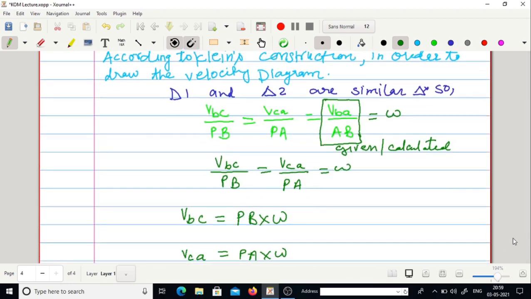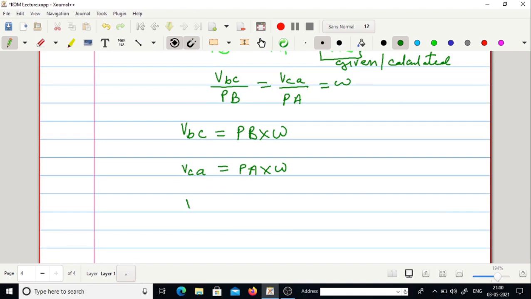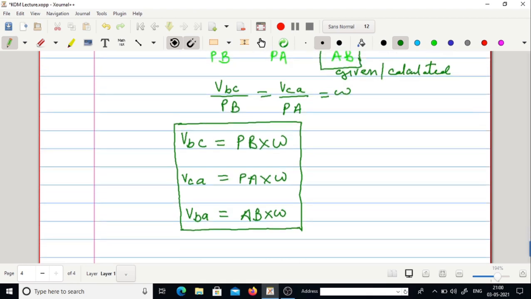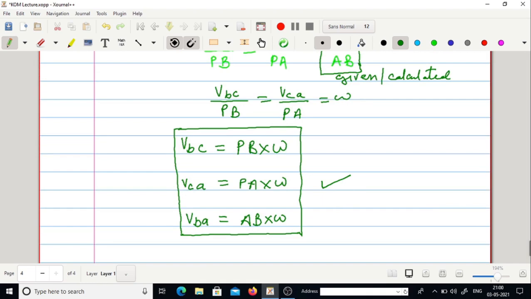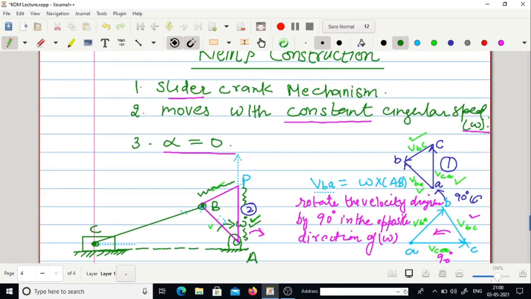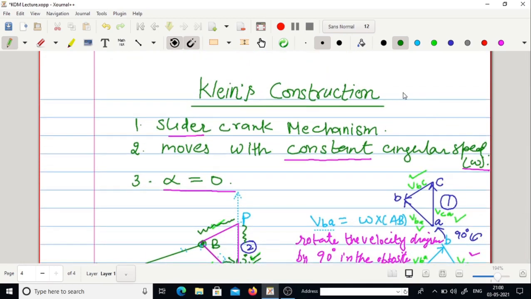This will give us the velocity of point C, and the velocity of point B with respect to A we already know, it is given as AB into omega. So by this method we can easily calculate the values of different points by using Klein's construction and mathematical relations. So this is how we can apply the Klein's construction method to calculate the velocities.